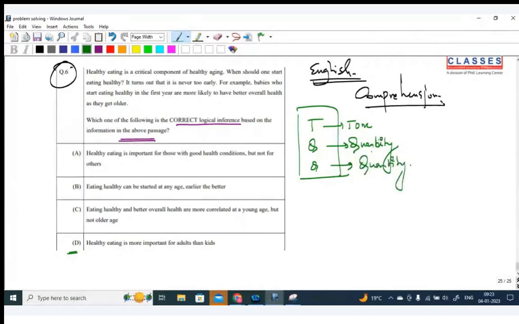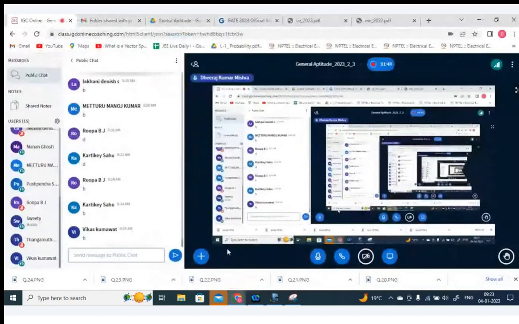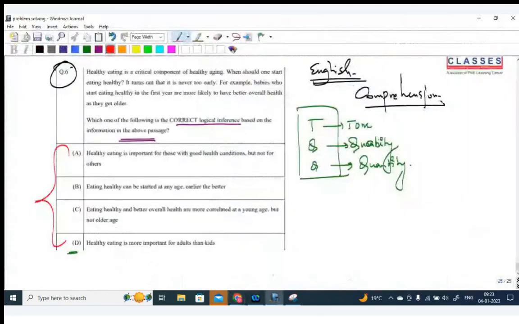Quality and quantity. So quality, tone of the passage, you just read the options before you solve this kind of question. Very good. I think many people have, okay, great. So first read the options, and understand the passage, what they are talking about, right?